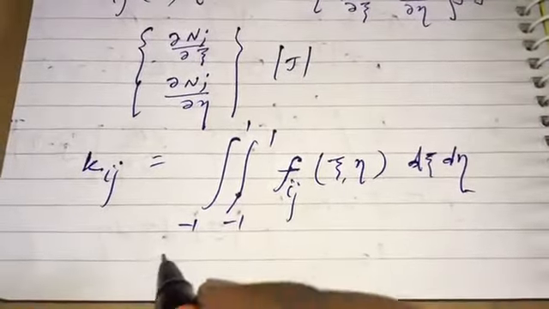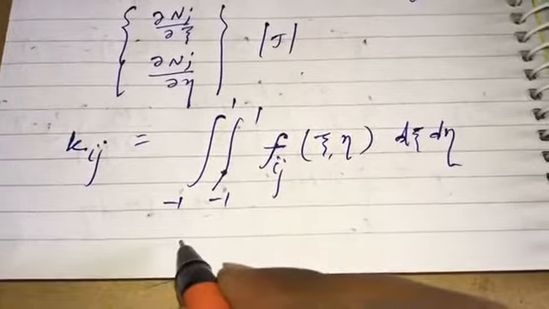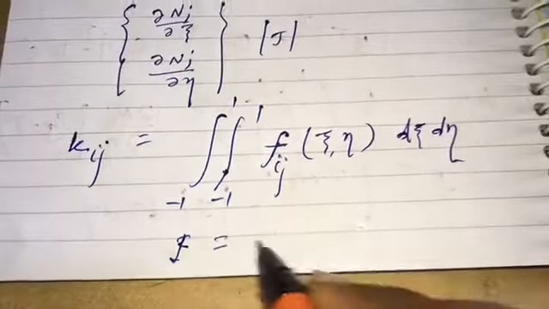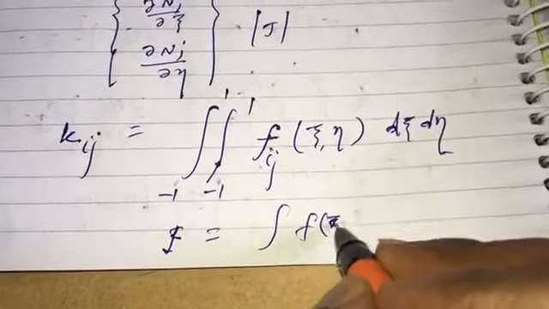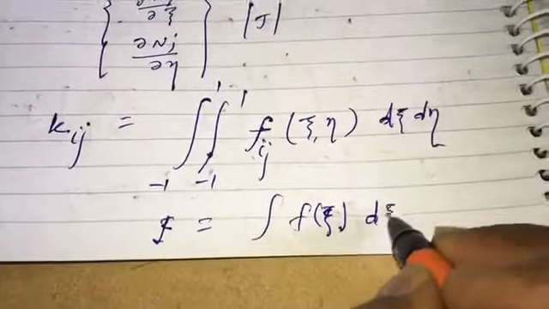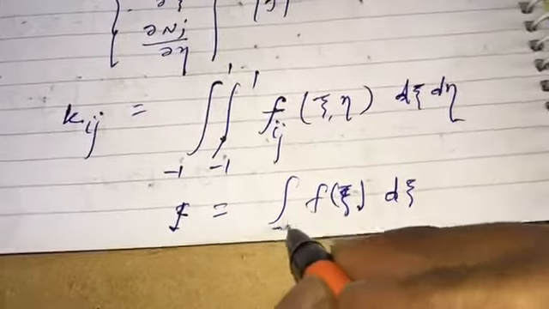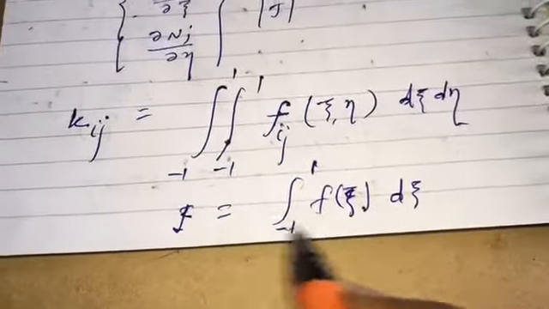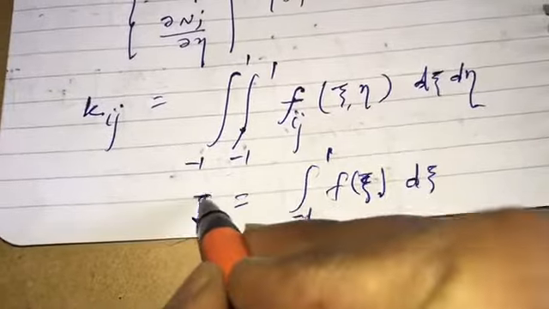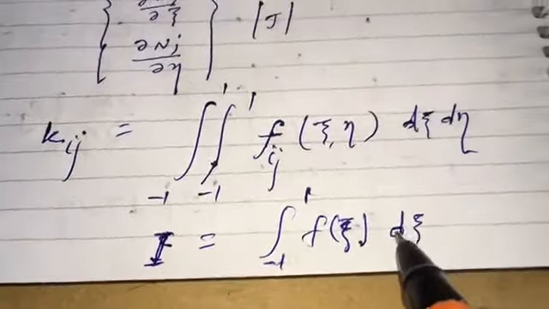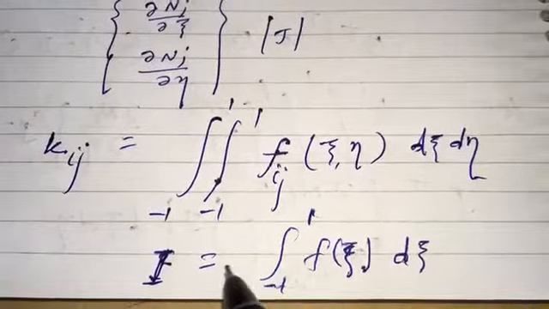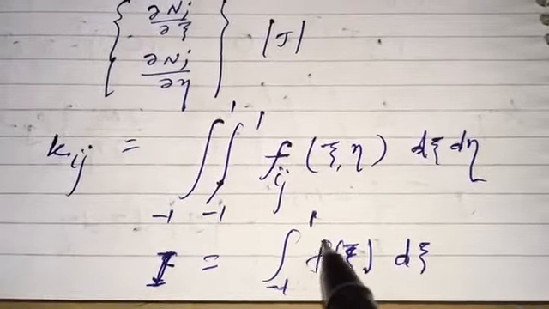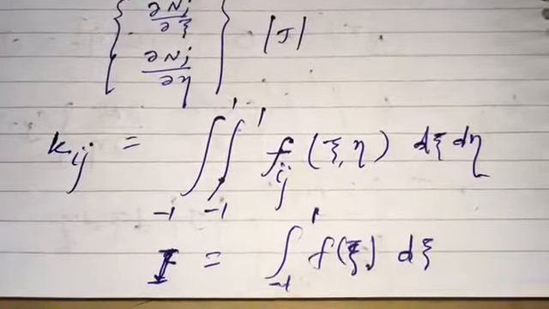If we know how to calculate, for example, I equal to the integral of f of xi d xi from minus 1 to 1 using the Gauss Quadrature method, the same thing can be extended here to 2D. We will see how.